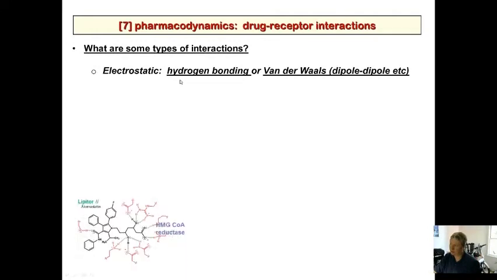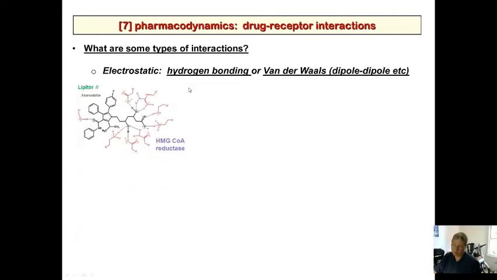And what are some examples of these? Well, one is Lipitor, or atorvastatin, which is this molecule, and it has various hydrogen bonding interactions. So the amide is interacting with what looks like a serine. It's a hydrogen bonding interaction. If this is a little unclear, you should check the PDF file. I don't know how it'll look in the video, but you always have the PDF.